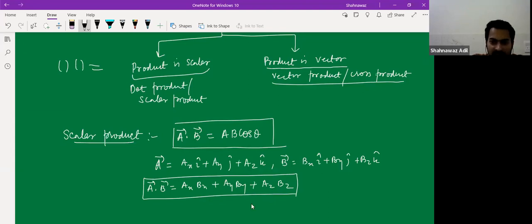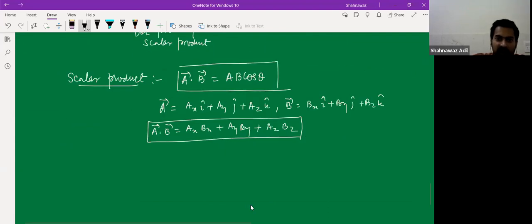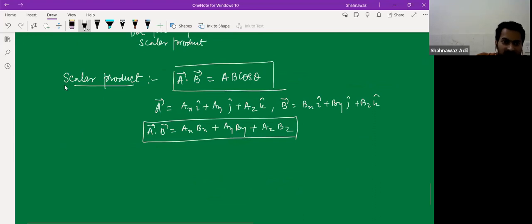So this is the dot product in the unit vector form. And this is very important in calculating the angle between two vectors.